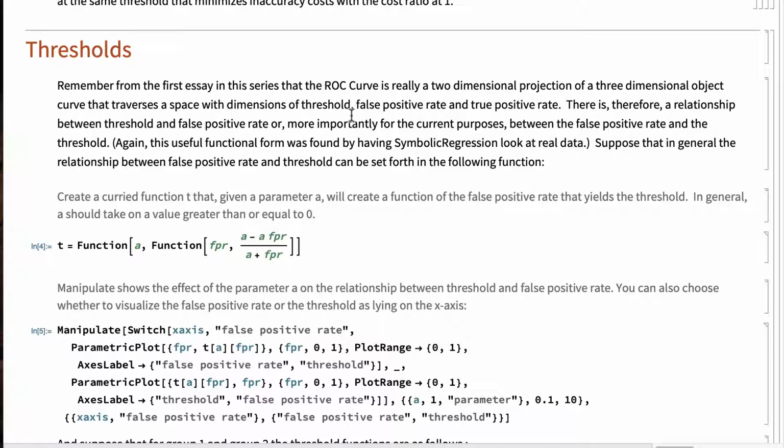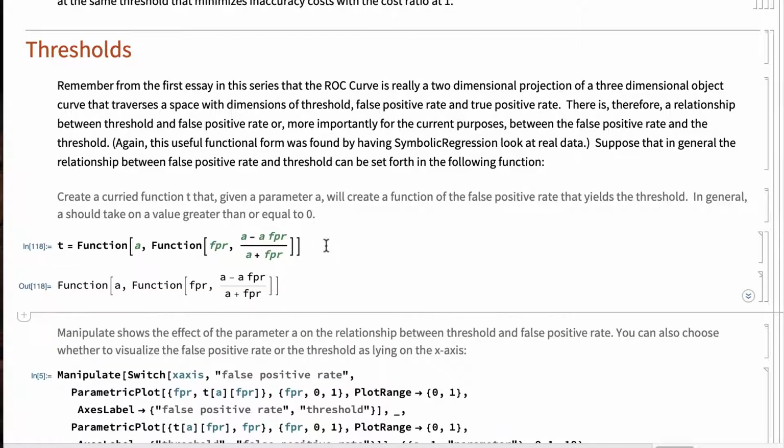Or we could view it the other way, as a relationship between the false positive rate and the threshold. Suppose that relationship is as follows. The threshold is a function of some parameter a, which creates a function of the false positive rate, and here's the form. How did I find this crazy form? Again, thank you, symbolic regression. All right, so let's get it in there.